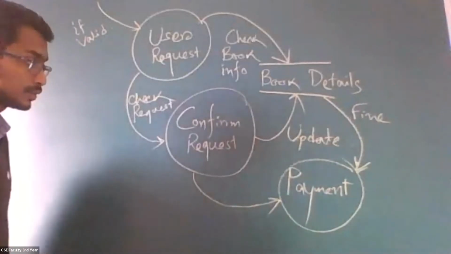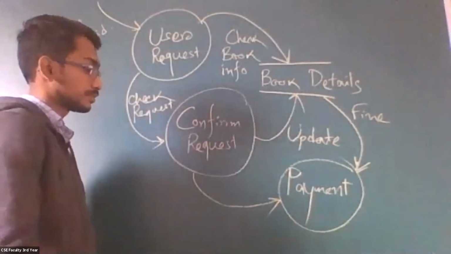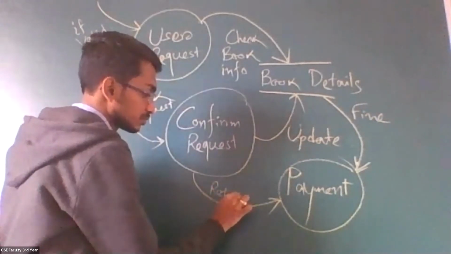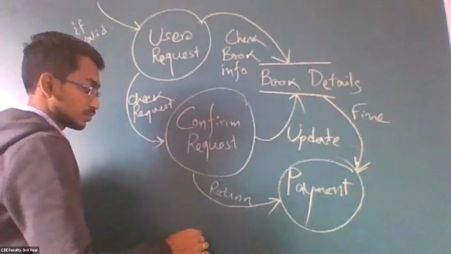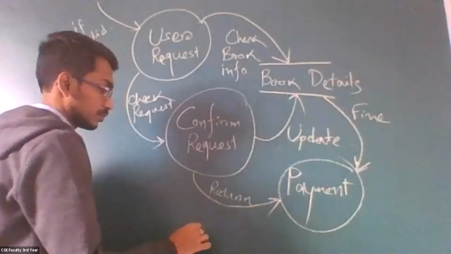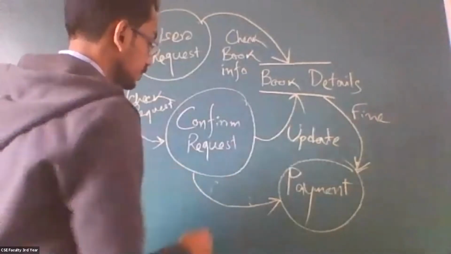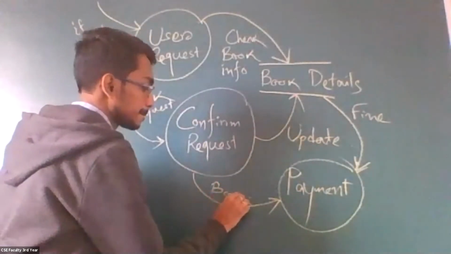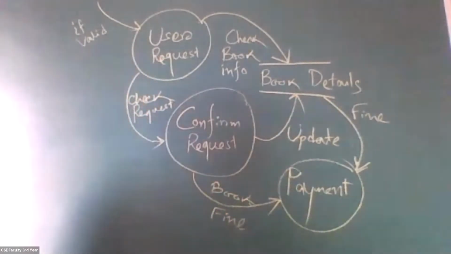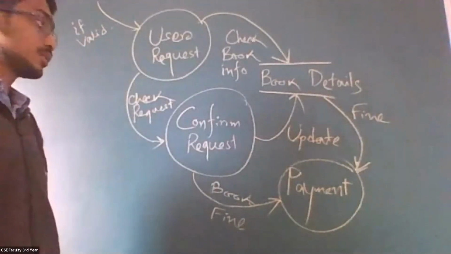If there is any fine, we can add this payment process. We can write book fine, or anything different. Now we have 5 processes.